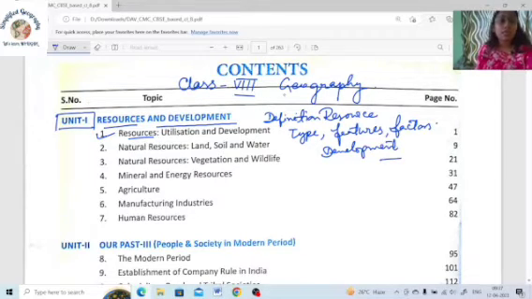Let me give you a bit of an idea about this year's syllabus. As in the first chapter we are learning resources, utilization and development, in the next few chapters we will learn different types of resources in detail, and how we are using those resources which are naturally given by nature, and how we are making our country developed and our economy strong.